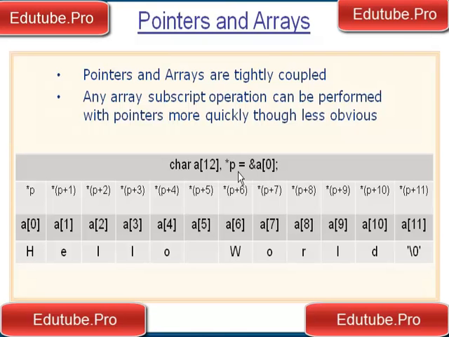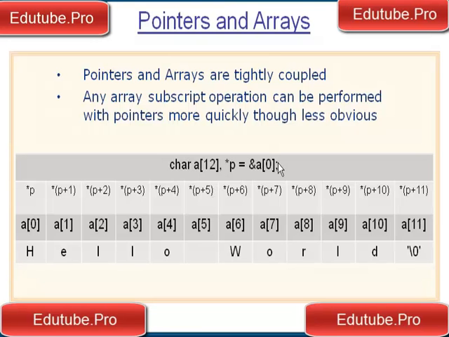Now we could have just as easily said in this definition that P is equal to A and left off the address of sub 0, because that's what A is. When we created an array, A references the address of element 0, the 0th element, the first element.